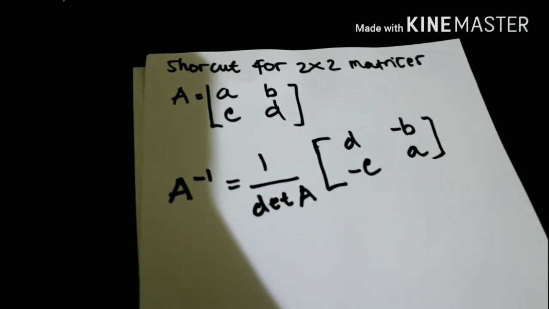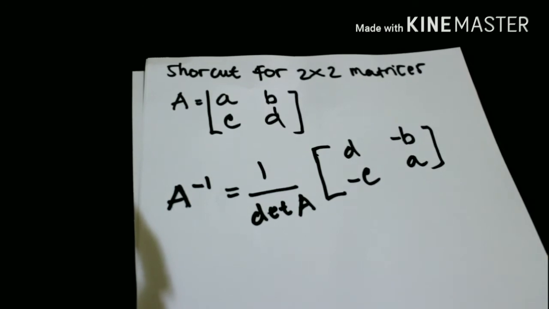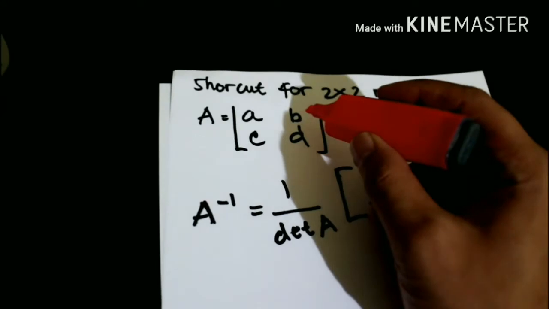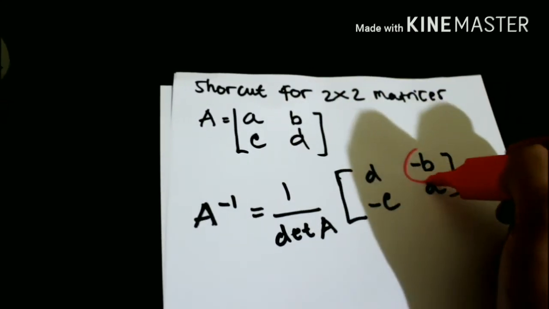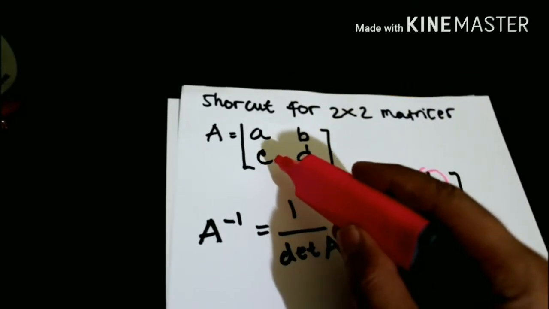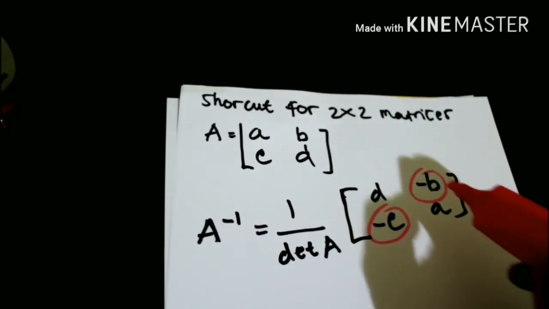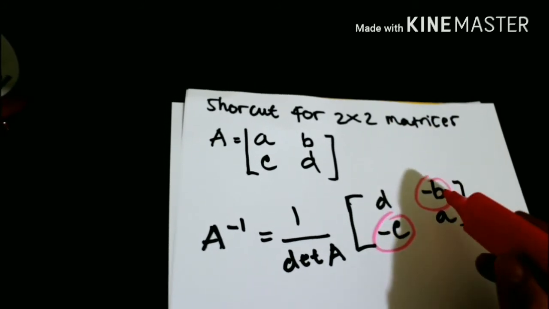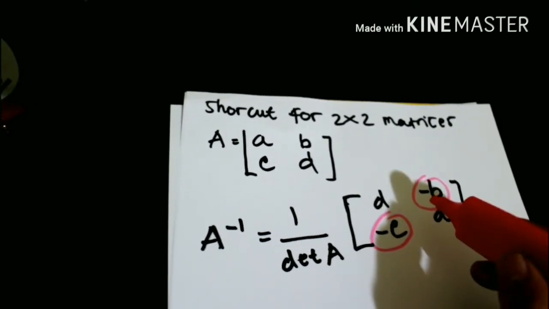If we look at this formula, B and C are swapped. From the beginning it is a, b, c, d, and then it becomes d, b, c, a. So this is the inverse position of B and C, and then the numbers themselves must be negative at that side.